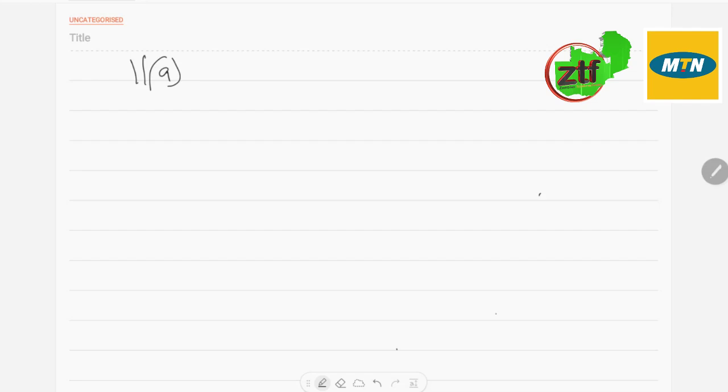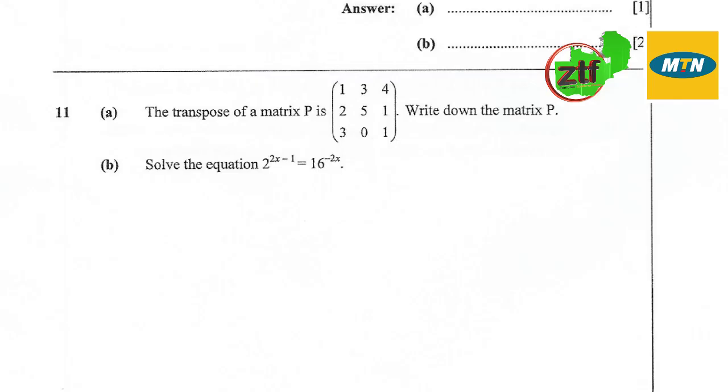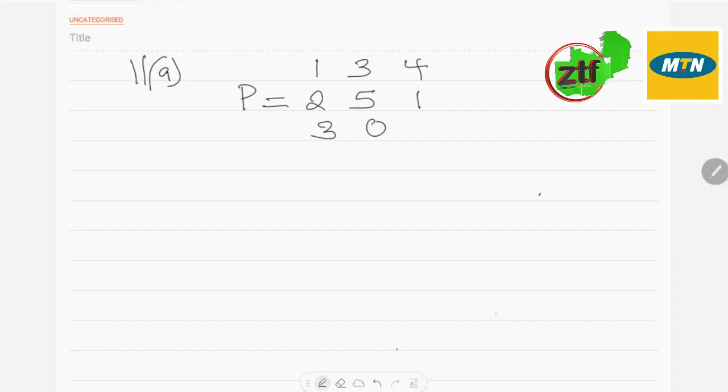They are saying the transpose of the matrix P has been given as 1, 3, 4, 2, 5, 1, 3, 0, and 1.